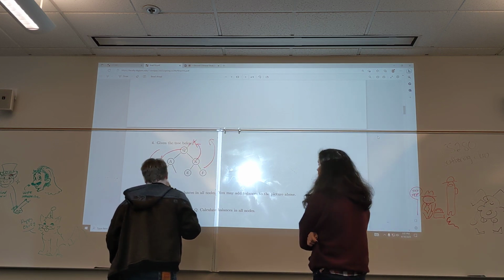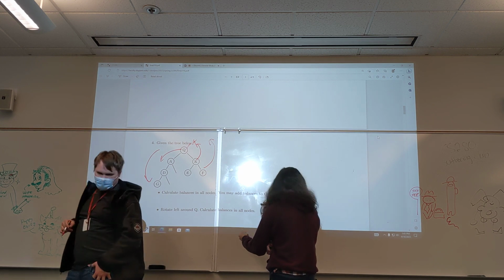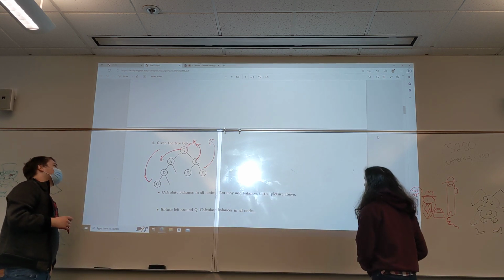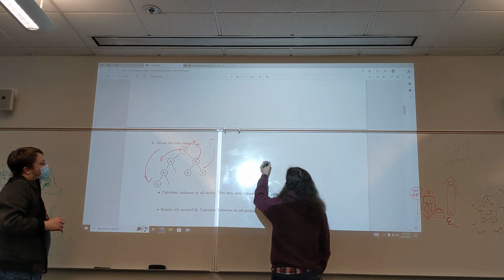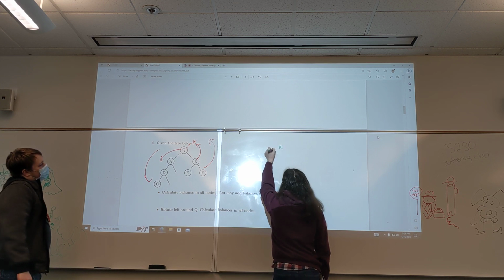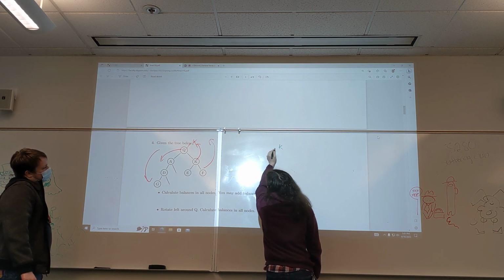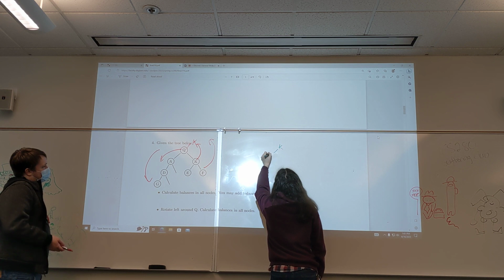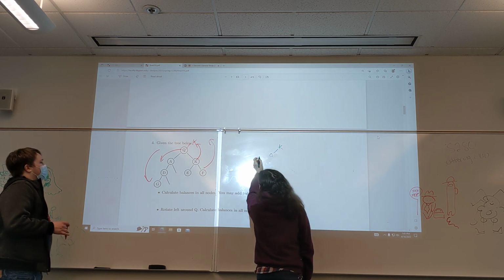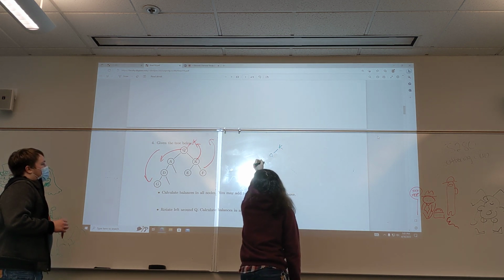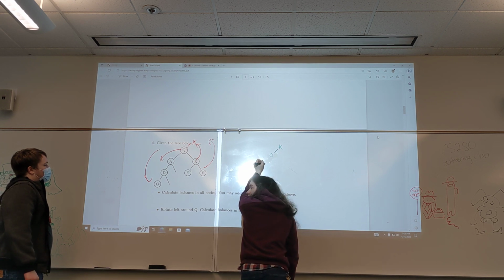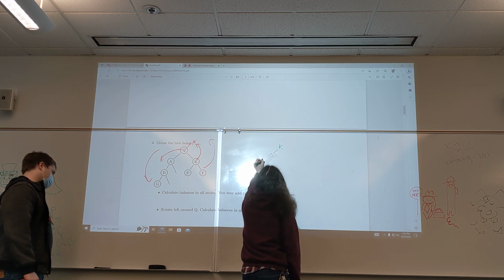Cool. And then I'll redraw the tree after being rotated over here. So that would be K, and then on the left of K would be Q. Where does E go? I haven't written it yet.